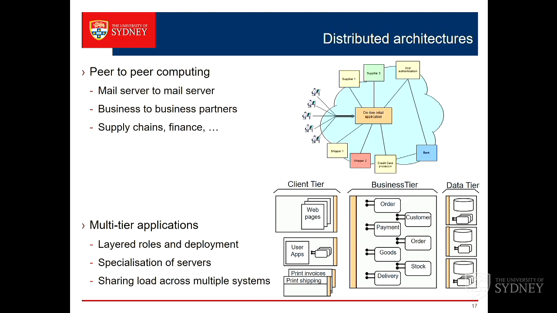There might be multiple different types of client tier. Web pages running on client systems. We might have some rich client apps somewhere. We've got background processes doing things like printing invoices, etc. That's all up in the client tier. And then we've got a business tier. There might be multiple invocations of those.